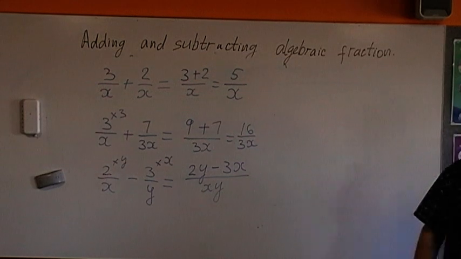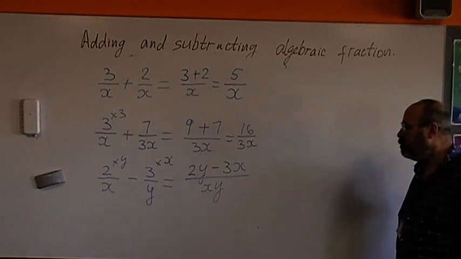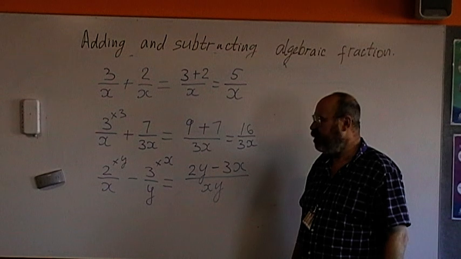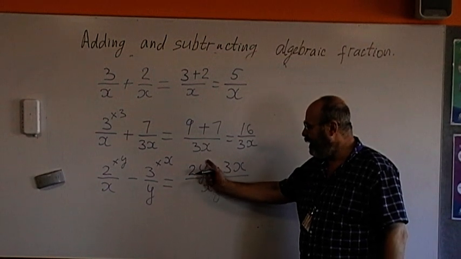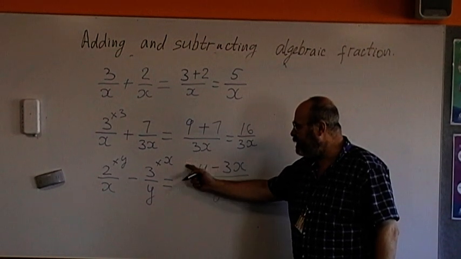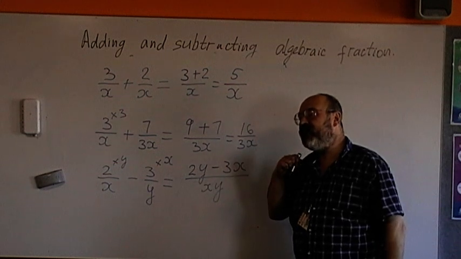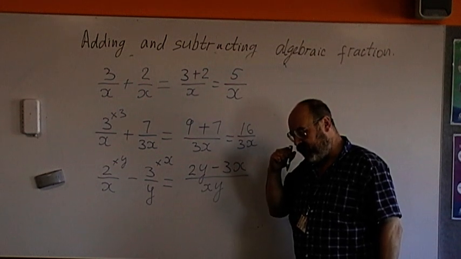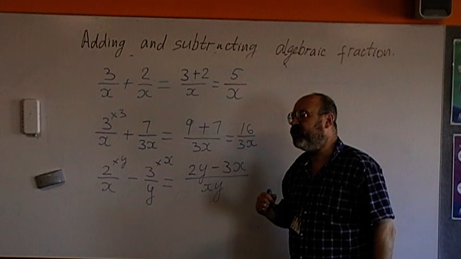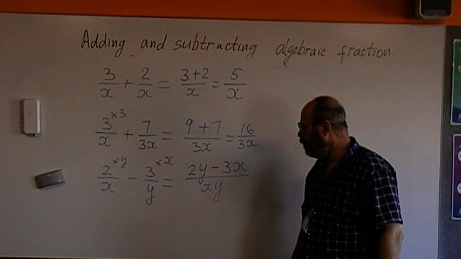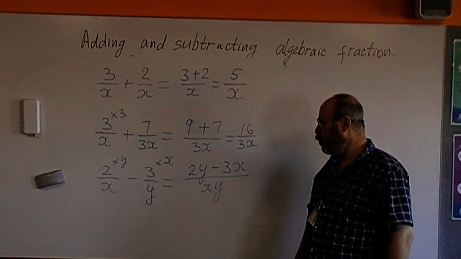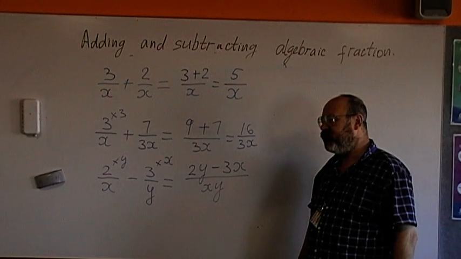Then can you get rid of the x and the y? No, we cannot. Why? Because it's times then minus. We can divide everything only by the same thing.